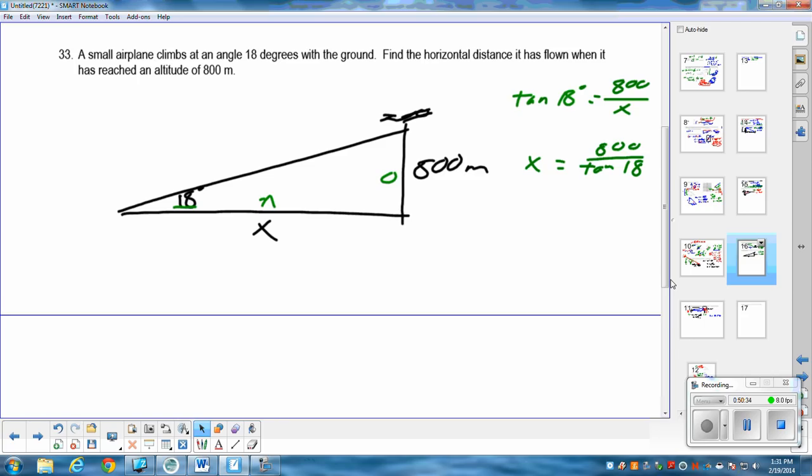Type that in the calculator. And you'll discover that he has flown 2,462.15 meters, or about 2.5 kilometers.